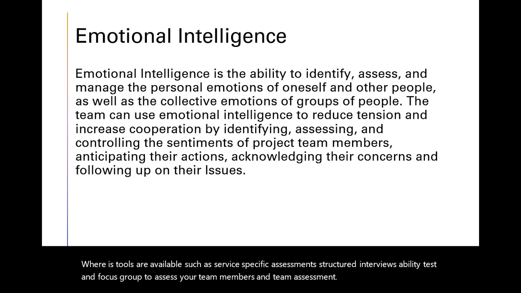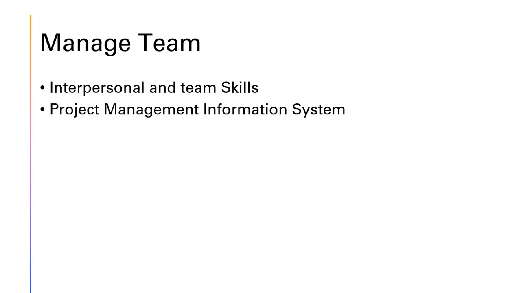Our fifth process of project resource management is called manage teams. To manage your teams, you have just two tools and techniques: interpersonal and team skills, and project management information system. Both tools and techniques we have covered in this video, so I'm not going to talk about them again.